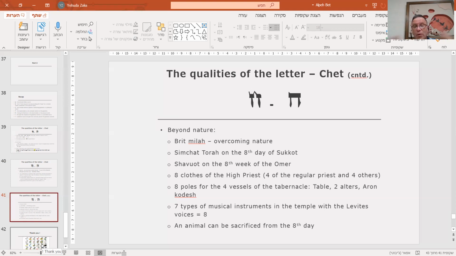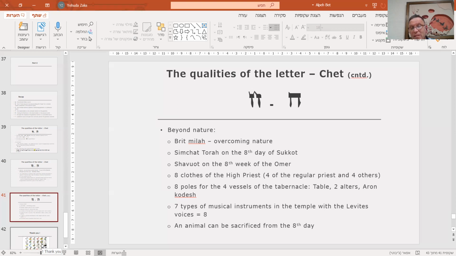When the Kohanim were doing what they had to do, sacrifices and the other worship, the Leviim, the Levites, had to sing and play musical instruments, and there were 7 musical instruments combined with their voices, which is the number 8. And finally, an animal.